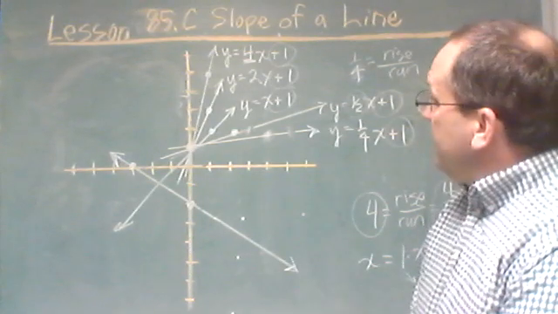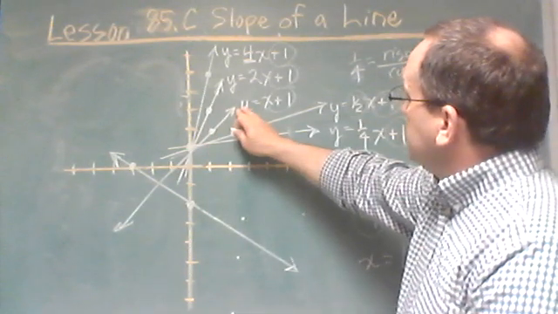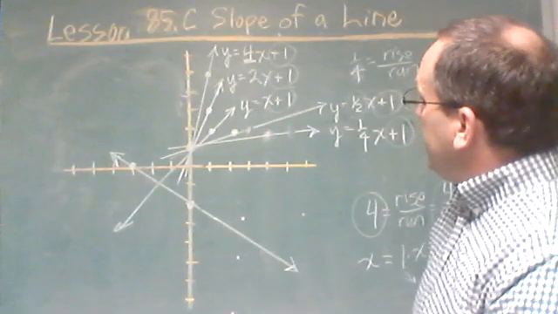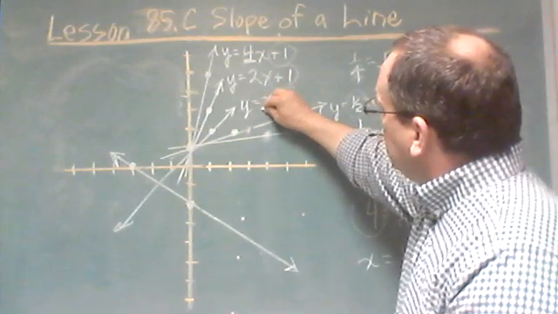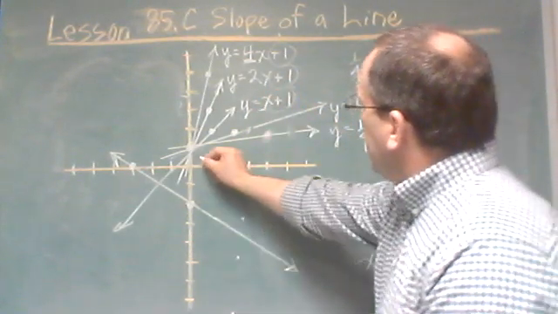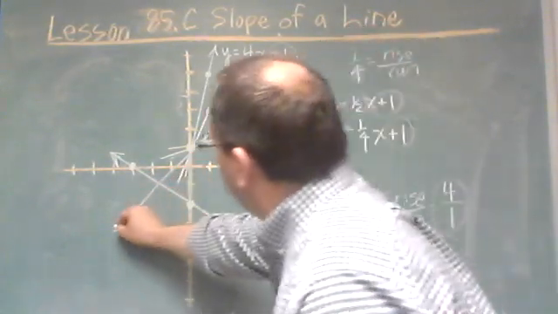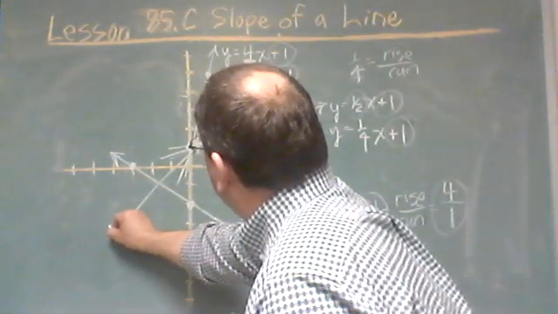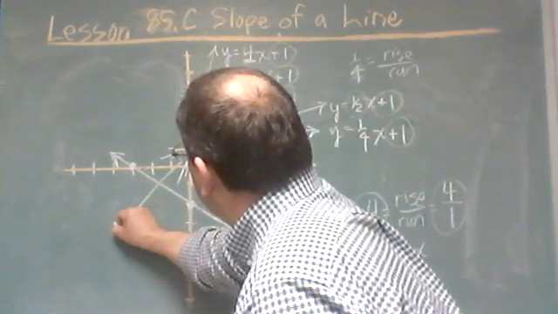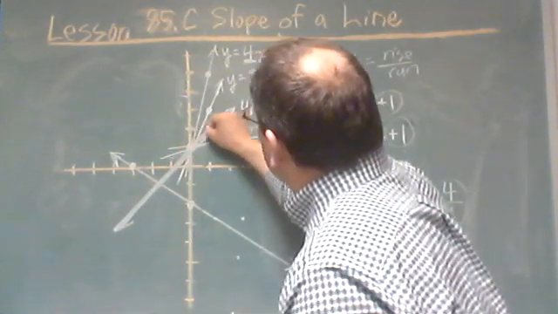When it's not so big, say right here where it's actually just 1, the line is about in the middle. That line of y equals x plus 1 plots about like this.